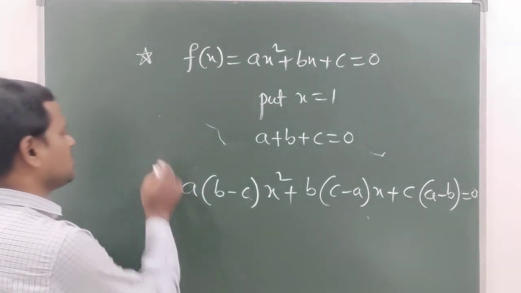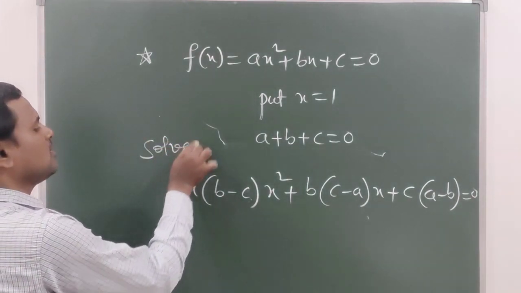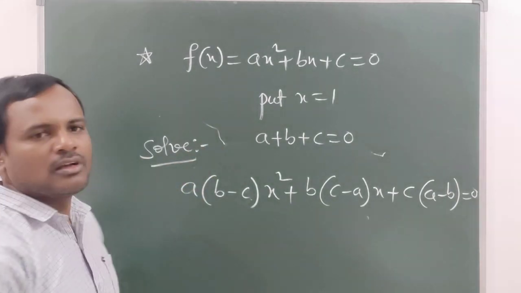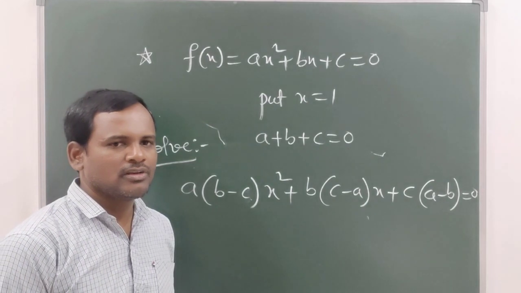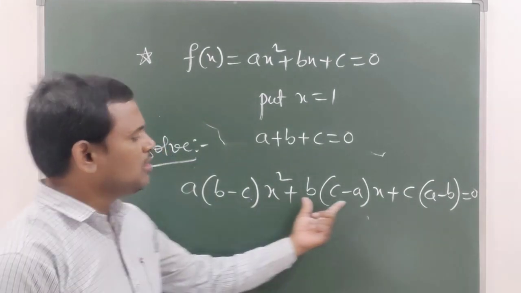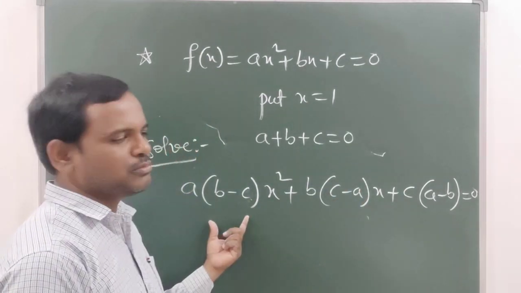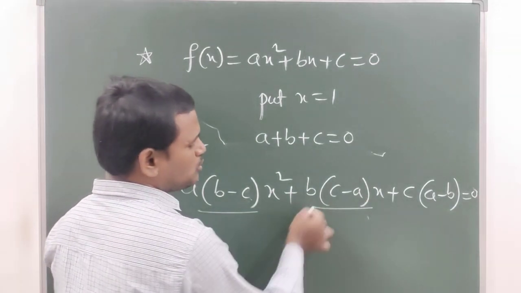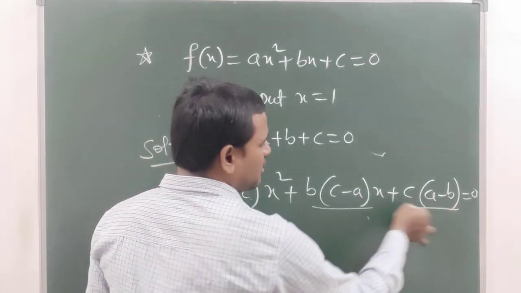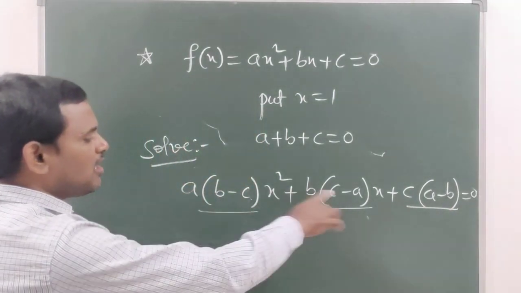If this application is given, how do we answer? So your condition is given, a is not equal to b is not equal to c. Okay? So observe the coefficients of the terms. This is the first term whose coefficient is this, and this is the second term whose coefficient is this. This is the third term. Now add all of them.